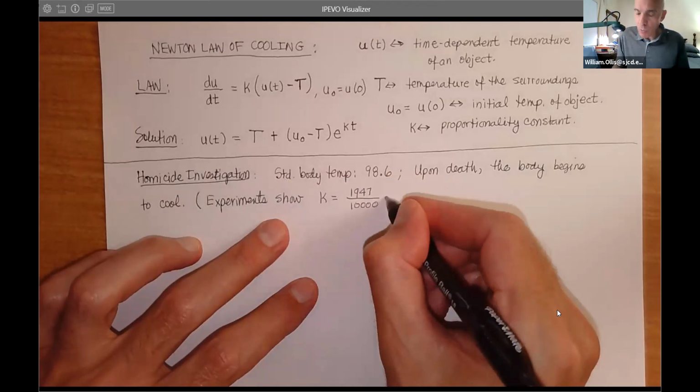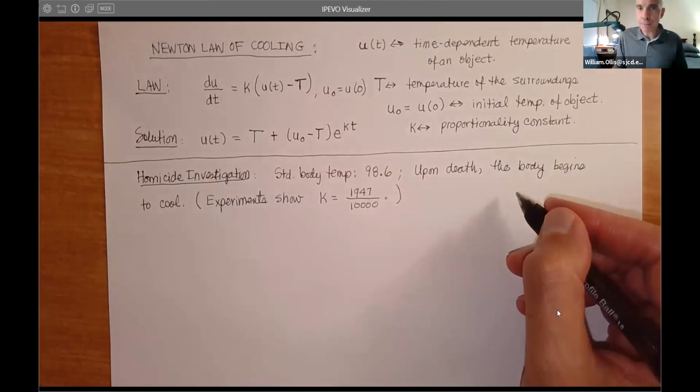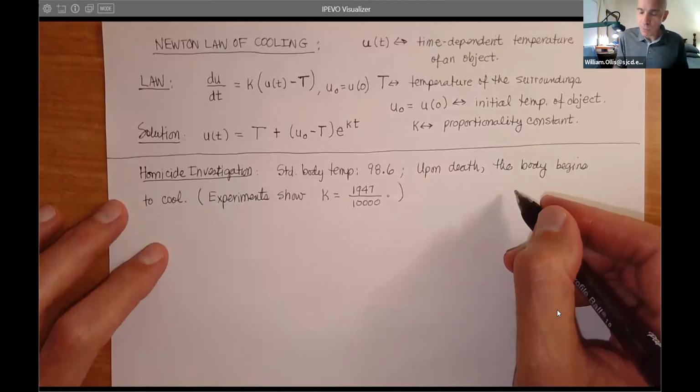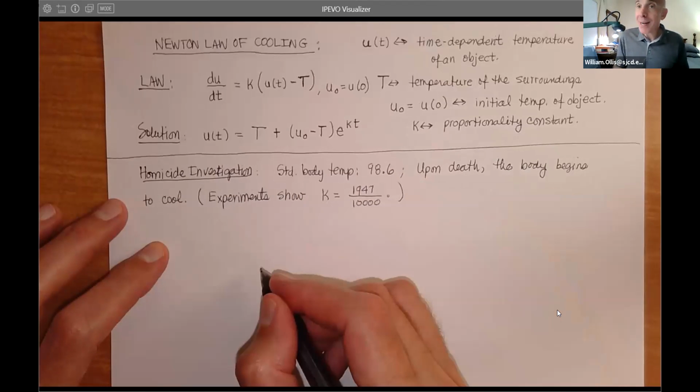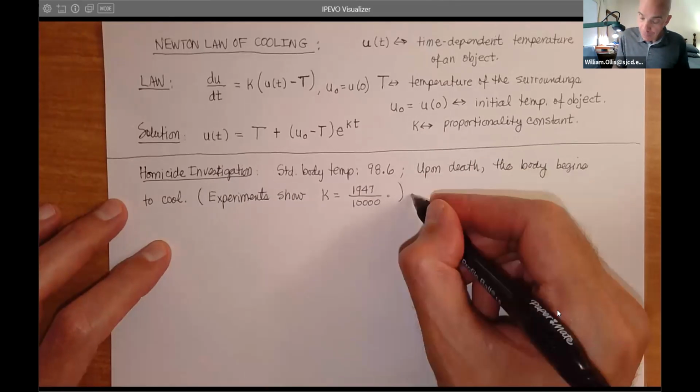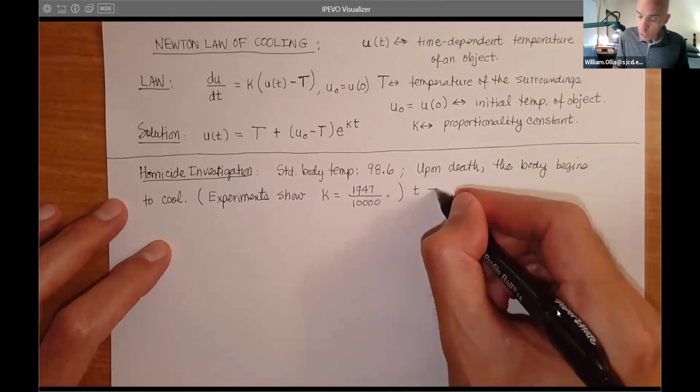That is, it's 0.1947. So experiments show this for body cooling. And then T is measured in hours.